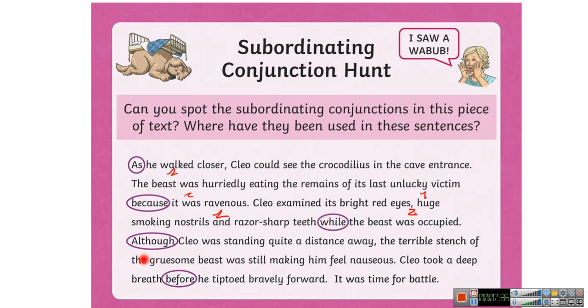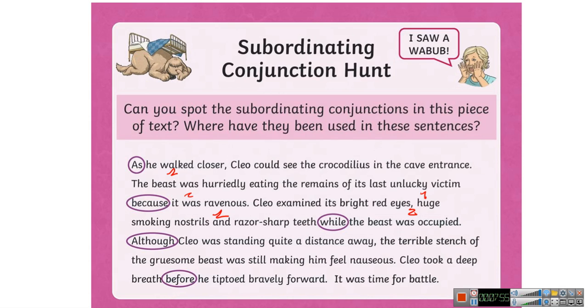Now let's look at this one. Although, and I don't have another sentence. So although is just helping me carrying the conversation. So if I said Cleo was standing quite distance away, it doesn't sound natural.